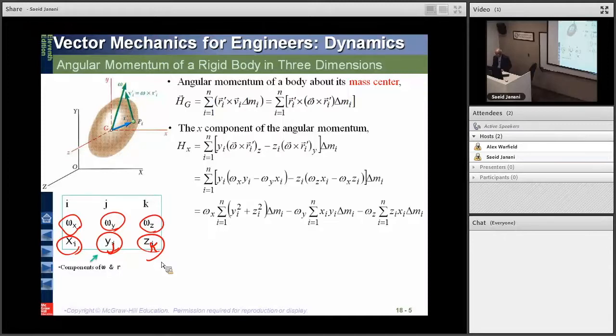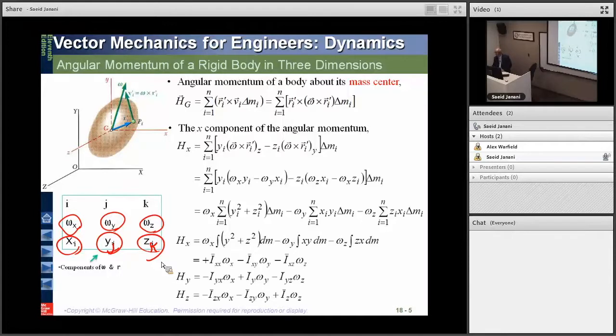These are the components of angular velocity of the frame x, y, z, and x of i, x of j, and x of k would be the position vector in that frame. Then our x component of angular momentum, h of x, would be calculated through this substitution.